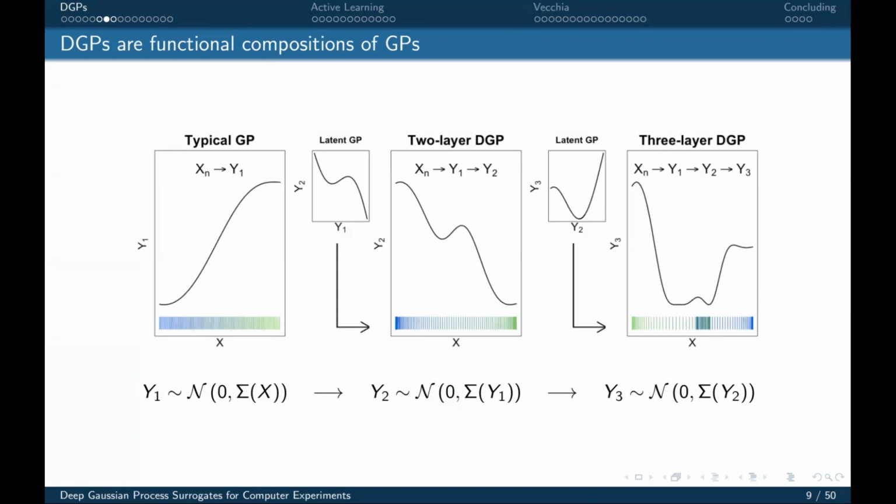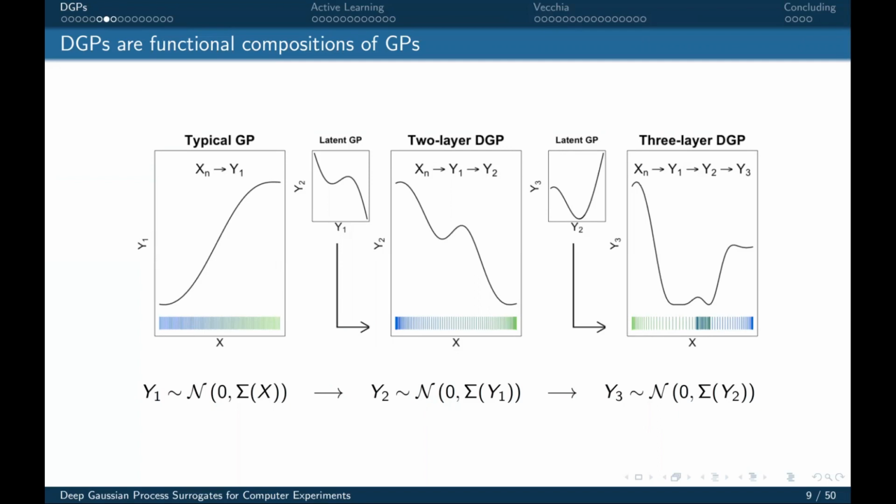So you can see that here, the X's down here are going to be compressed into the same Y1 values. The X's here are going to be stretched into disparate Y1 values. And then the X's over here are going to be compressed again. So compressed, stretched, compressed. I'm moving around my inputs, I'm warping them, and the word warping actually comes from those 1999 papers before deep Gaussian processes.